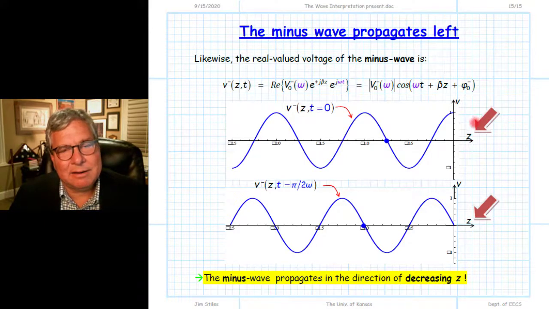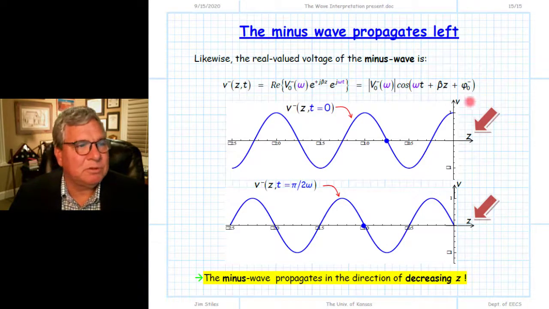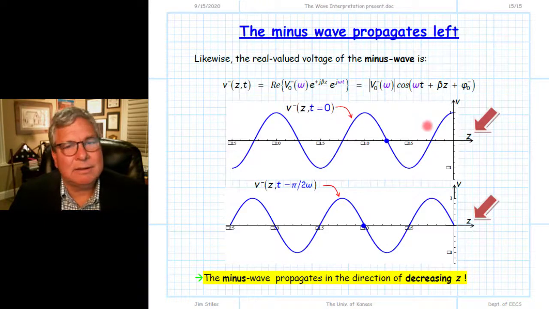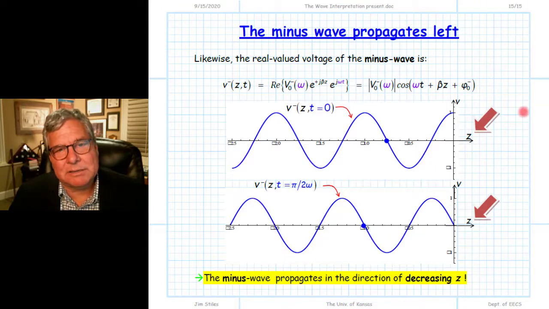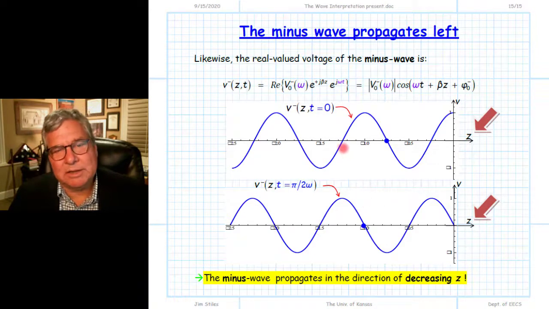And if we had free space, we would find that that value is exactly equal to c, the speed of light. Once we have dielectric in our transmission line, it'll slow that propagation down by the inverse of the square root of the dielectric constant. But it's no surprise that it should be the speed of light, because these are propagating waves. There are propagating waves that manifest each of these two plus and minus wave voltages.